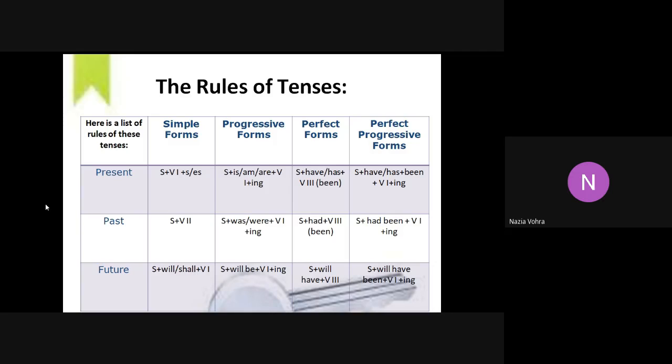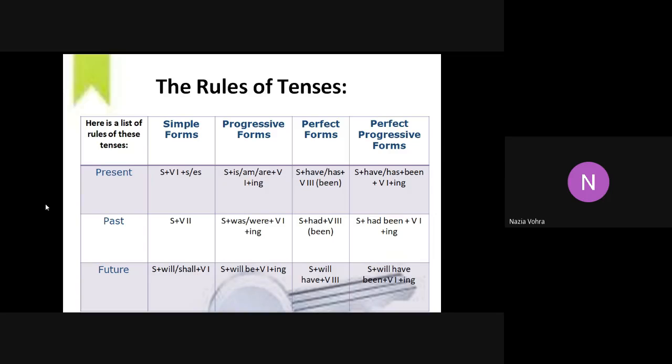So am will come with first person, is with third person singular, and are with plural. Clear? Guys, any doubt in progressive present tense? No, ma'am.